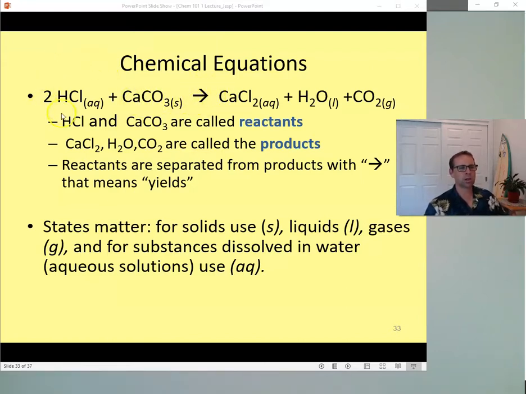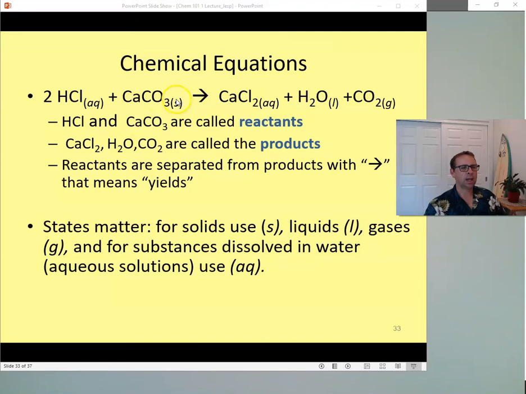So the way that we translate this chemistry is 2 HCl plus 1 calcium carbonate reacts to yield, that's what our arrow means, 1 calcium chloride, 1 water, and 1 carbon dioxide.